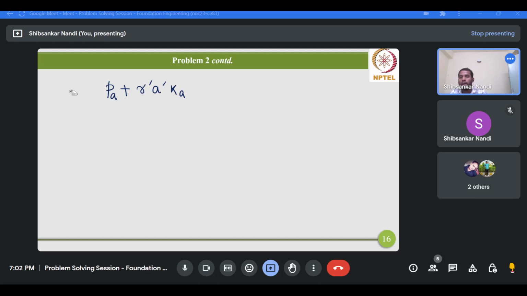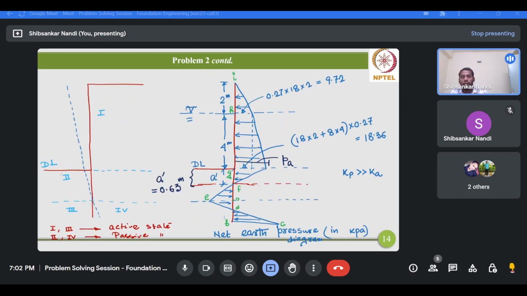I am not denoting any variable here. This is the active earth pressure in region 1 from this side. This value we denote Pa, which is 18.36.